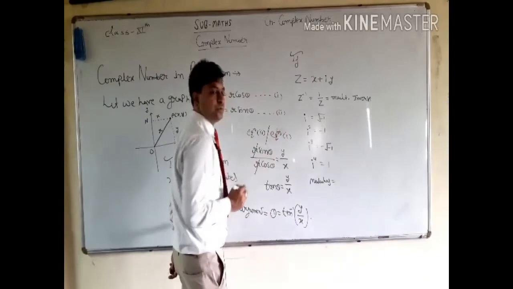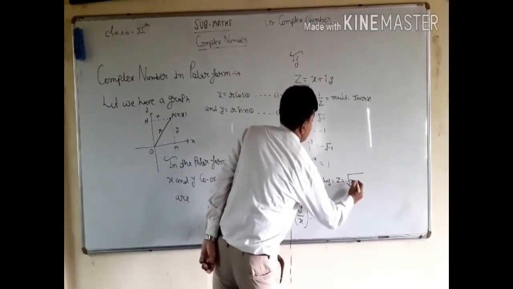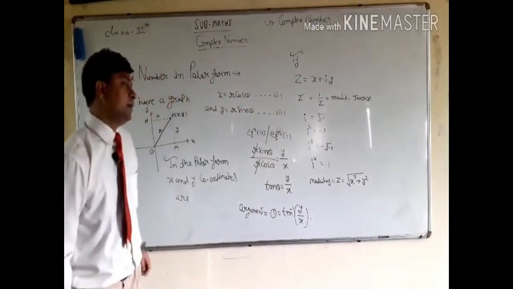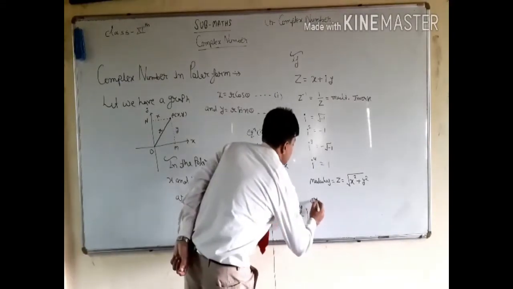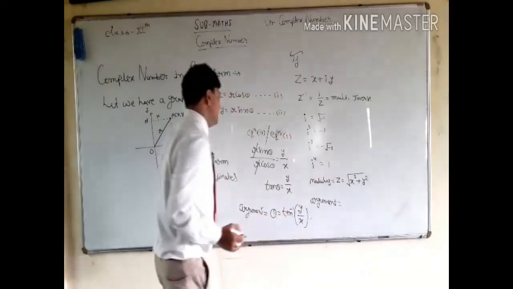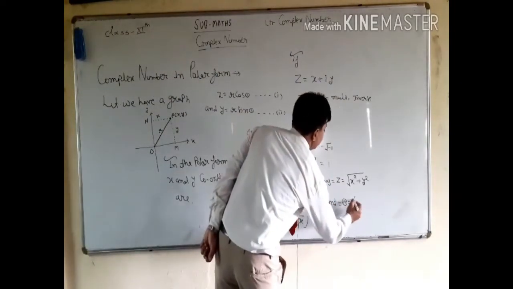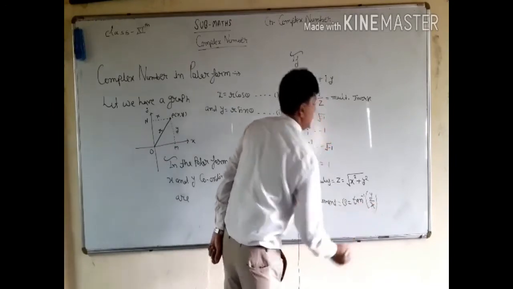and we know that last two formulas are modulus is equal to z equal to under root x square plus y square, and in the last the argument is theta equal to tan inverse y upon x.